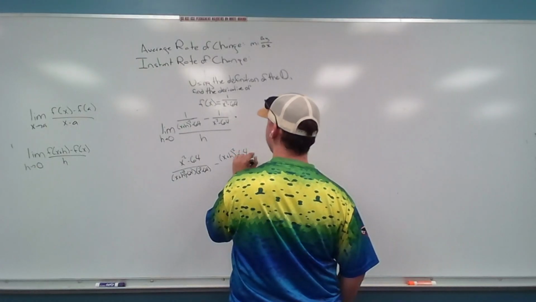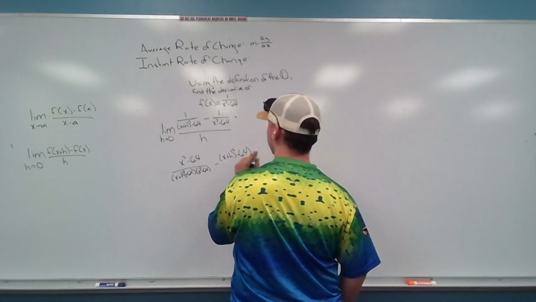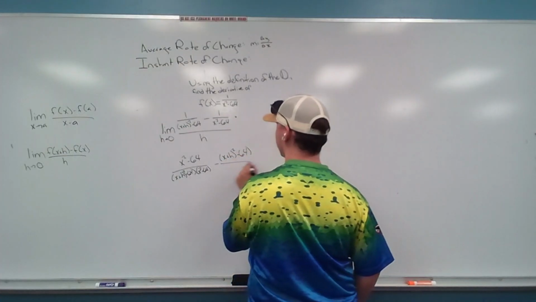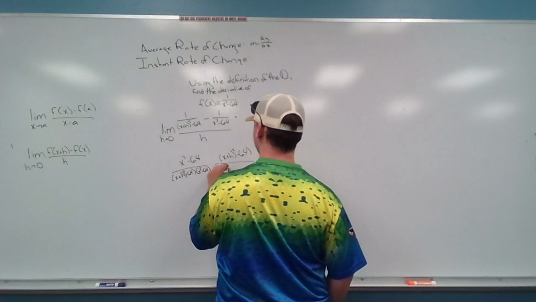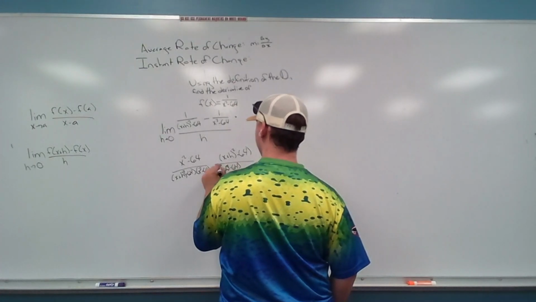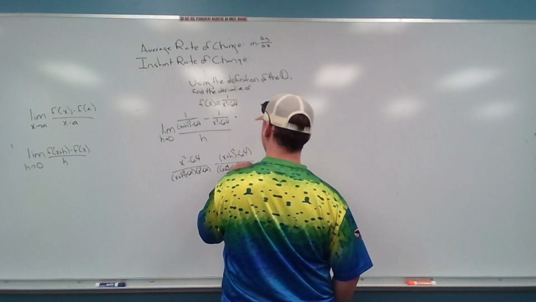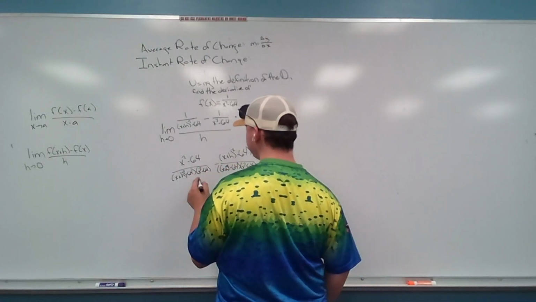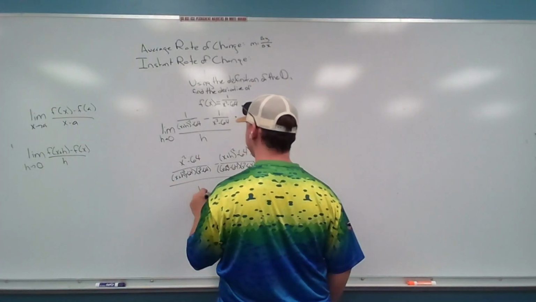Boom. Oh, not times right there, it's on the bottom. And it's just going to be the same thing, (x plus h) squared minus 64 times x squared minus 64. So, let's multiply it out. Oh yeah, then it's all over h.